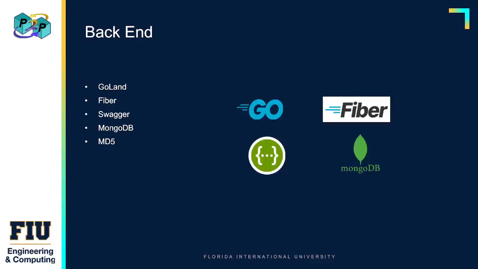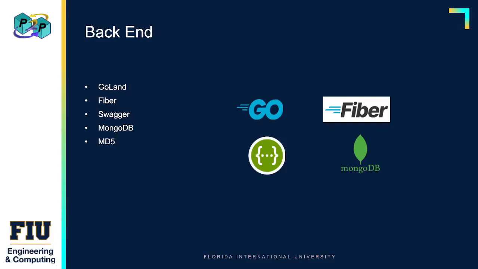What's going on, guys? My name's Dominic. I worked on the back end as a Capstone 1. These are the frameworks, dependencies, and libraries which we used on the back end. We put Golang here. This was extremely helpful. This is an IDE made specifically for Golang. Very helpful. Fiber, we used this as opposed to Gin. This is a very fast, very efficient HTTP framework, so we decided to implement that.